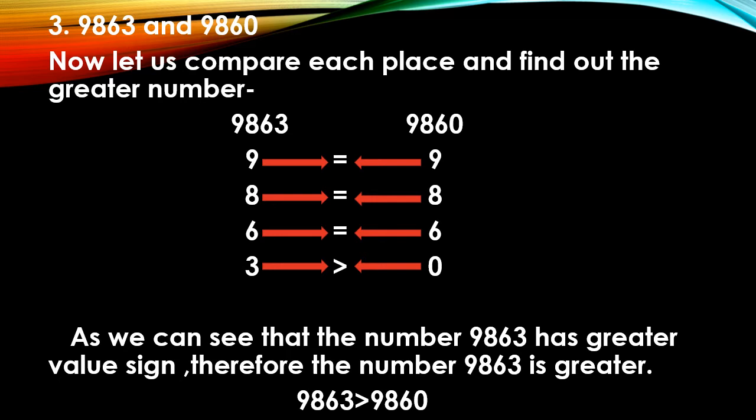Now in 9863, 3 is at ones place, and in 9860, 0 is at ones place. We know that 3 ones is greater than 0 ones. So 9863 is greater than 9860.